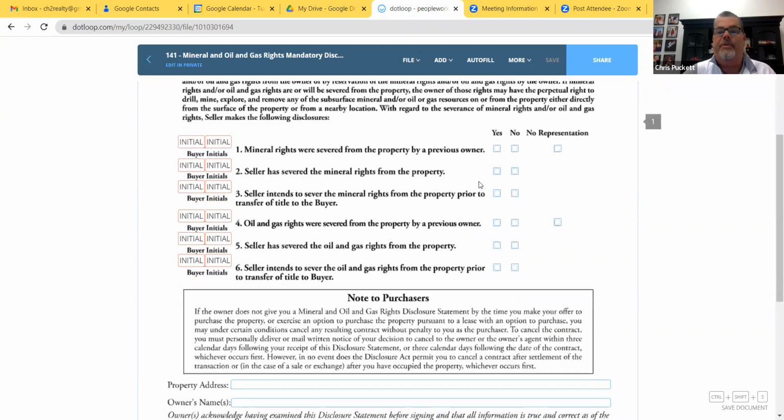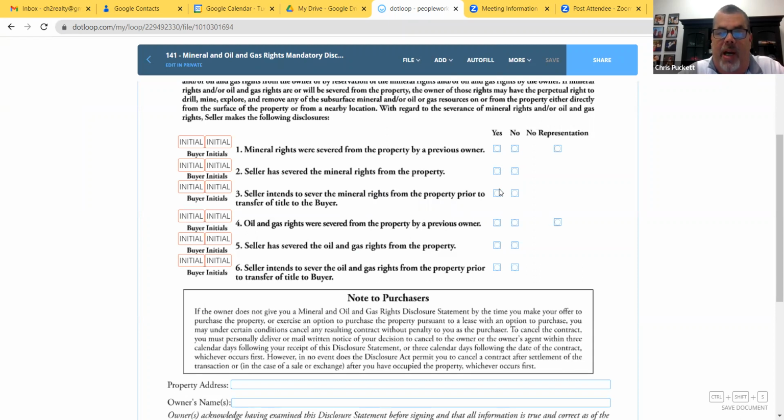So here's where the rubber meets the road. The first thing I want you to notice, the initials on the left side, who fills those out? The buyer initials there. Make sure if you've got a listing, your sellers do not initial in those boxes.